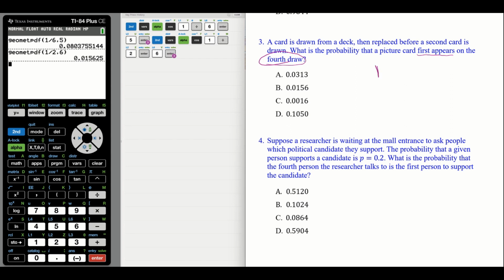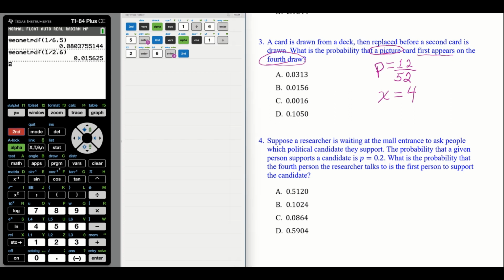Our probability, picture card. We have 12 of those. We have 12 out of 52. And our x equals 4.